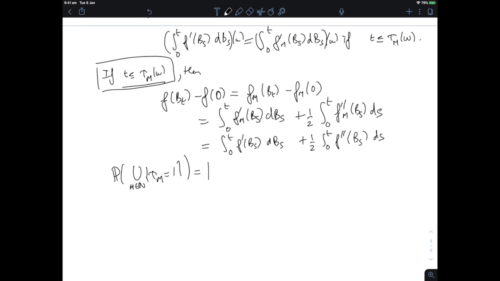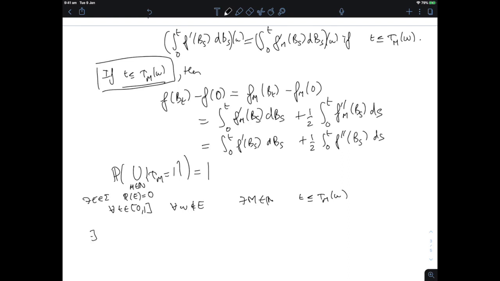So you give me any t, by picking almost any omega, by picking m large enough, I have t smaller than tau_m(omega). So I should have said there exists a set E in sigma, which has probability 0, such that for all t in [0,1], and for all omega not in E, there exists an m in N such that t is smaller than tau_m(omega).